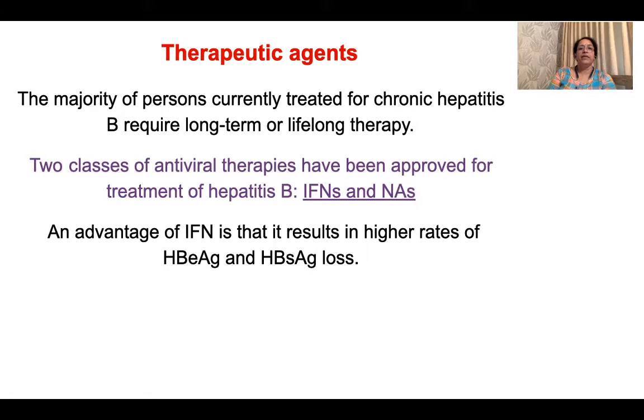The therapeutic agents which are widely used in case of hepatitis B are long-term or lifelong therapy agents, and two classes of antiviral therapies have been approved, as you know, IFN and NA. An advantage of interferon is that it results in higher rates of HBe antigen and HBs antigen loss.